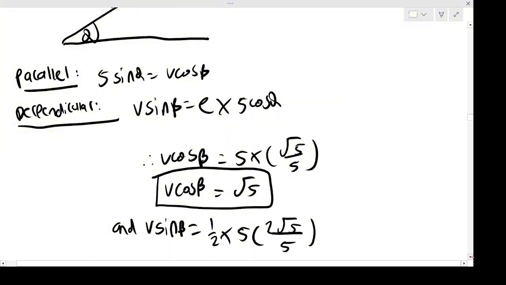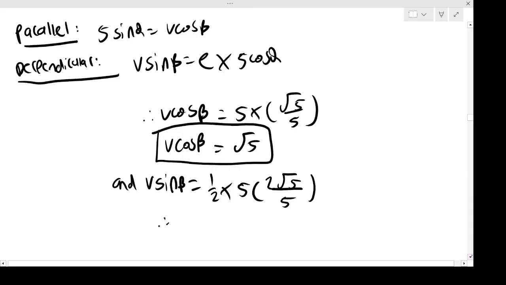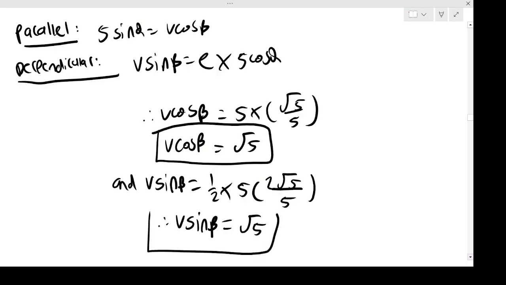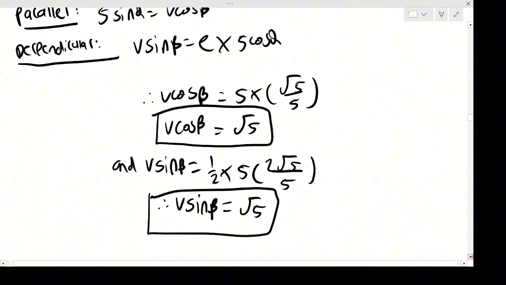So if we simplify all of this, we get that v sine beta is going to be root 5 as well. Okay, there we are. So we've got these two equations. Now, they only want me to find the speed of the ball. So we just need to find v.